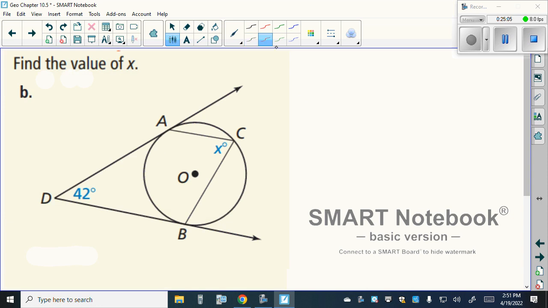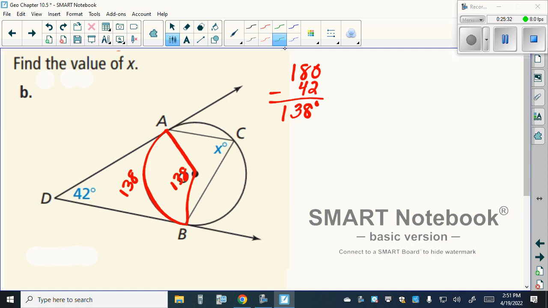Subtract 42 from 180, which is 138. So that's 138 degrees, and that would be your A to B angle. So it would also be AOB, yes.